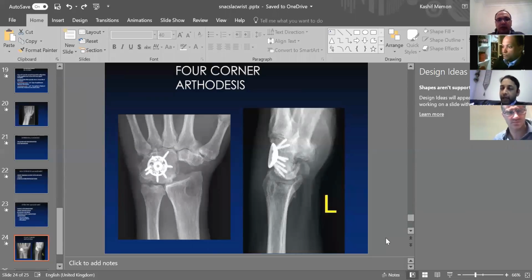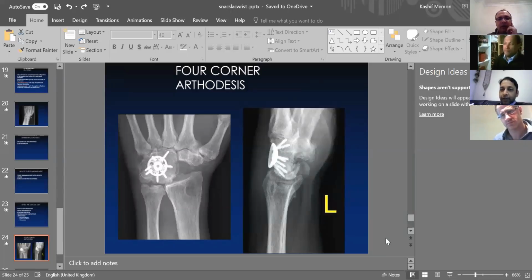You can watch that, because I've seen 3 patients in the last 6 months who were referred by the GP. They had done the X-ray for some other reason and found the patient has a scaphoid non-union, and when we took a detailed history, the patient said, "Oh, I fell down a couple of years back, but I don't have any pain over there."